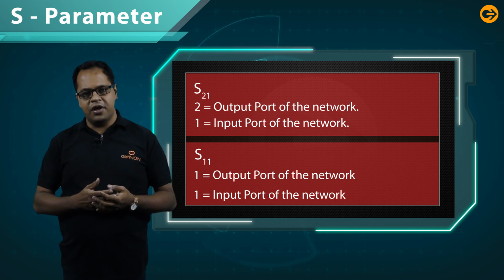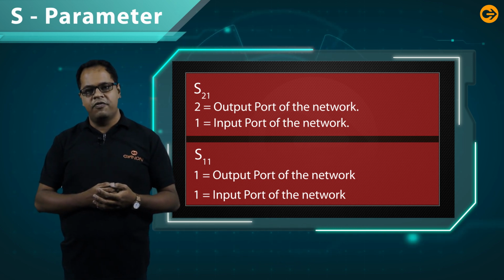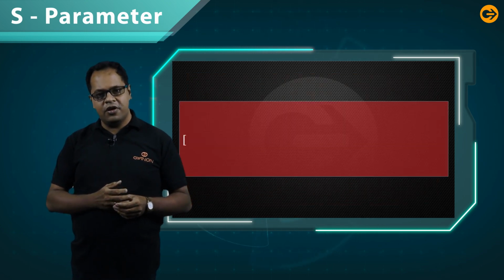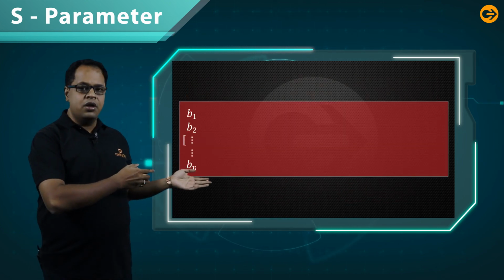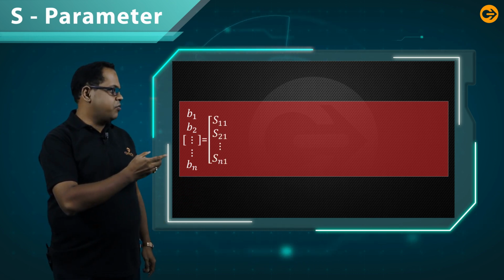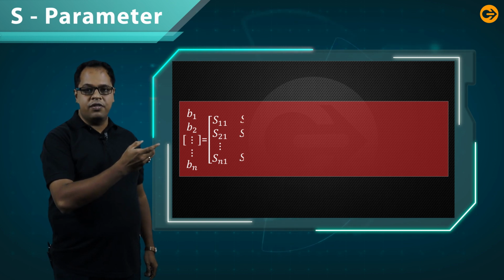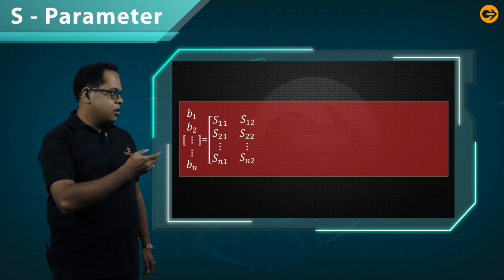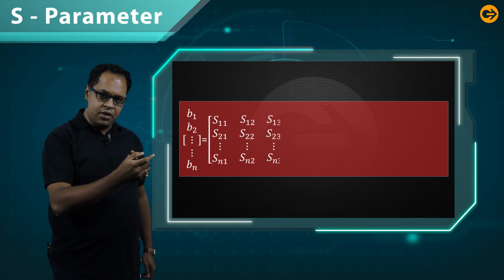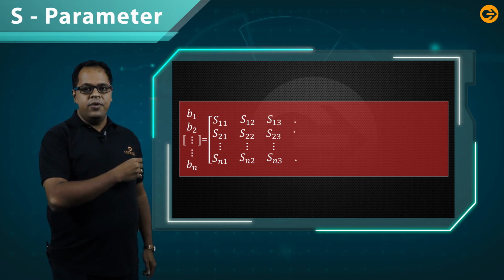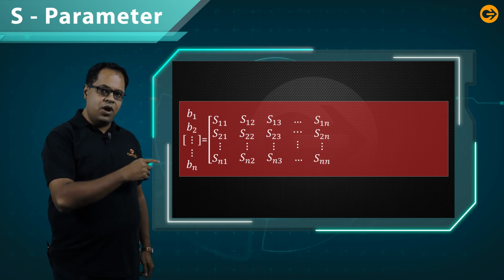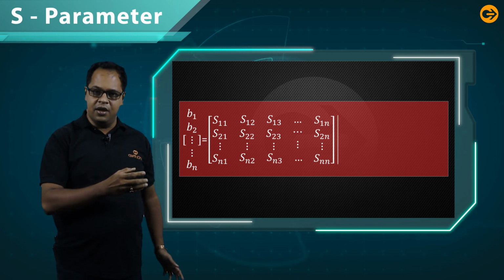Now let us discuss this S parameter for an N port network. What is the S parameter for that? It is B1, B2 up to Bn is equal to S11, S12, S1n, then S21, S22 up to S2n. Now this will be continuing. Again this will be Sn1, Sn2 to Snn.